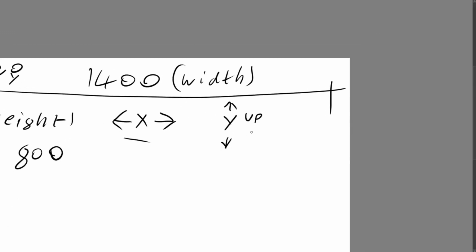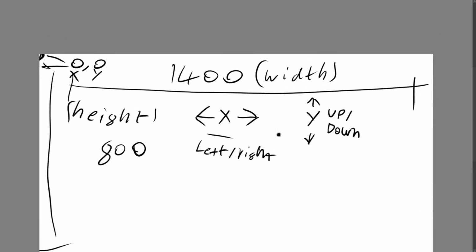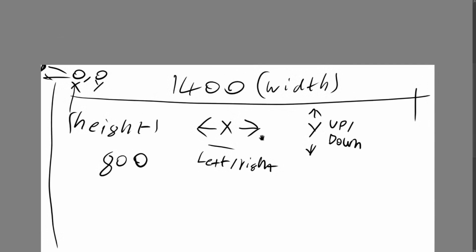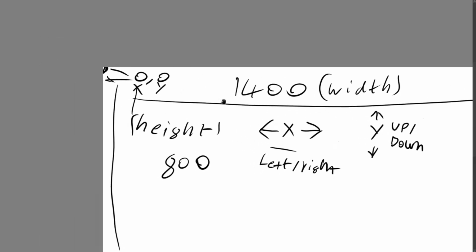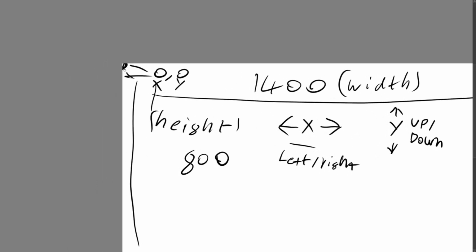X is left and right. We'll get into modifying X and Y later on, but we're taking an XY value for where we want to render. 0, 0 is there.